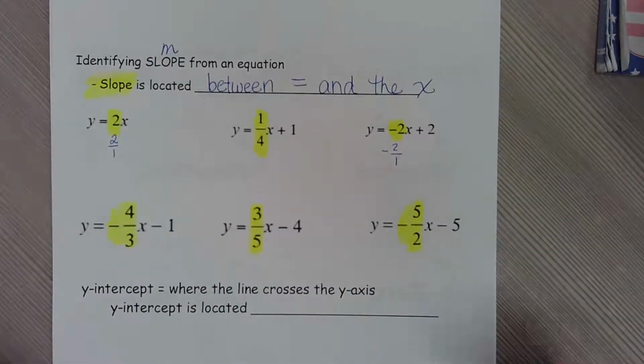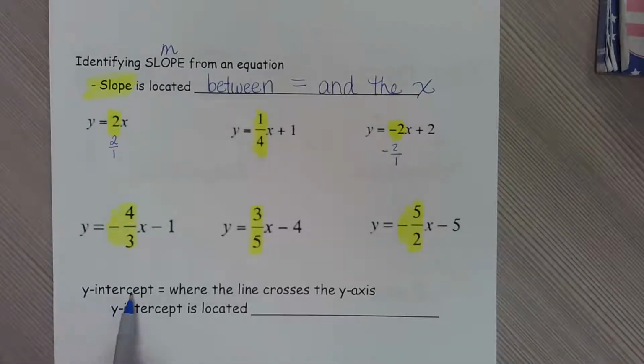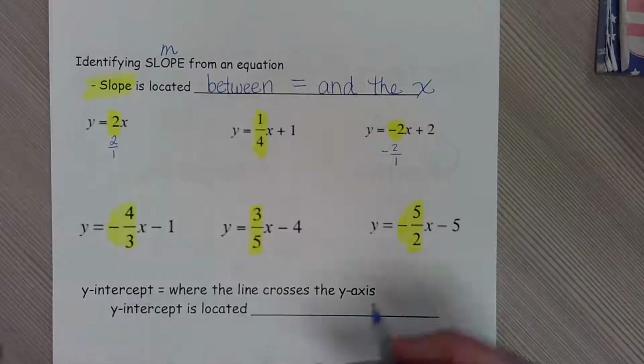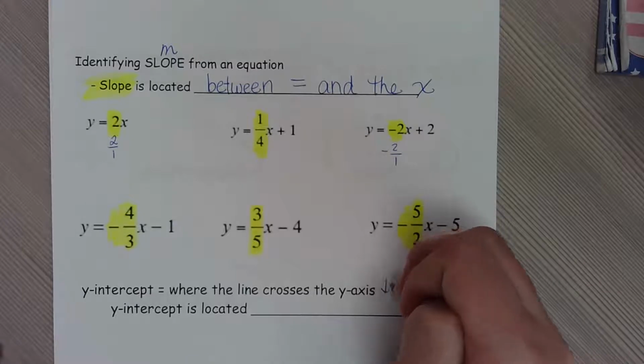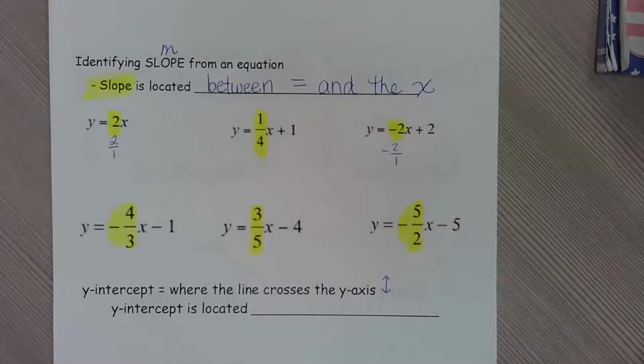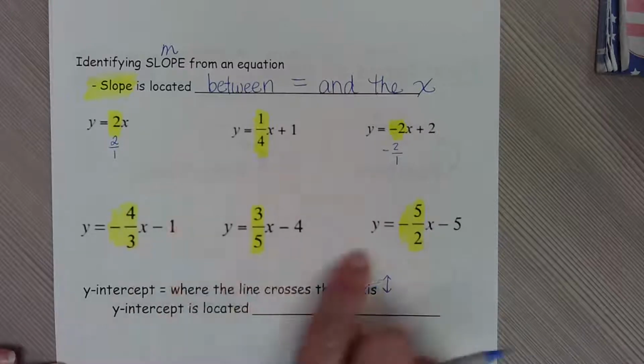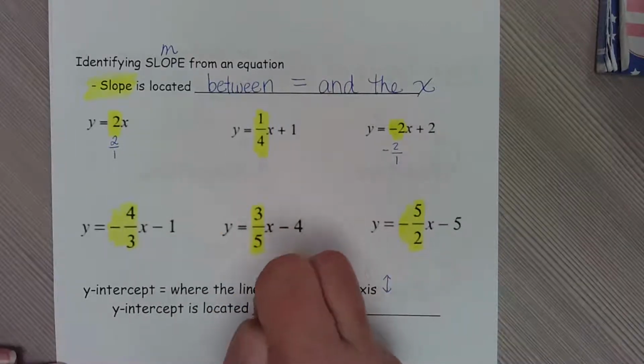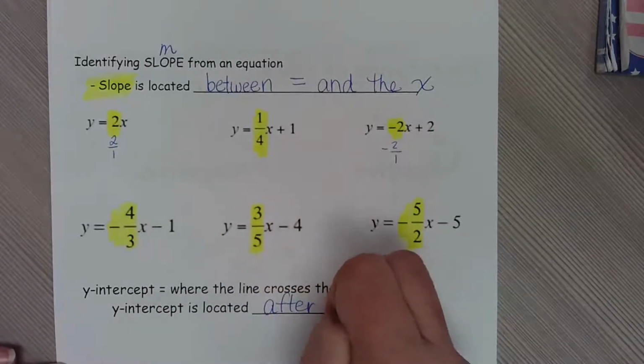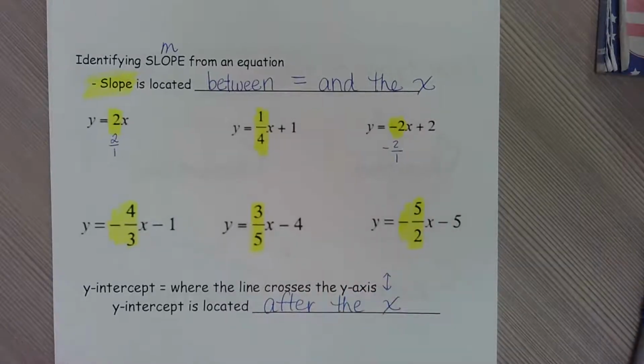All right, now the other number that you have in these equations are the y-intercept. And the y-intercept is where a line crosses the y-axis. And just to remember, the y-axis is the one that goes straight up and down. So the y-intercept is located in these equations after the x.